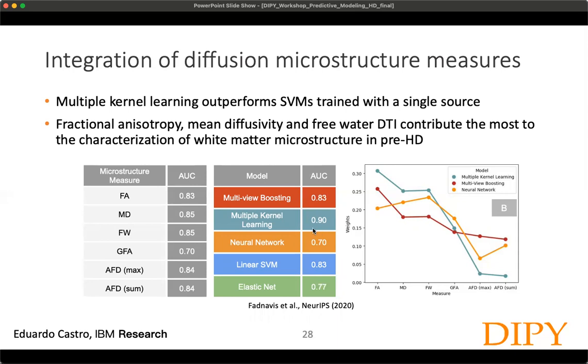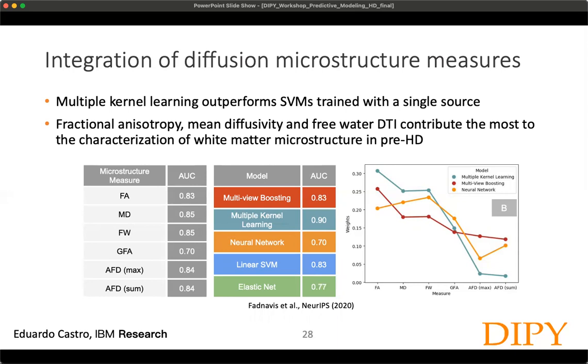And as you can see over here, multiple kernel learning was able to achieve a 90% accuracy, or excuse me, AUC in this case. So it went from 85% AUC to 90% AUC, obtaining a significant improvement over the baseline of 85%.